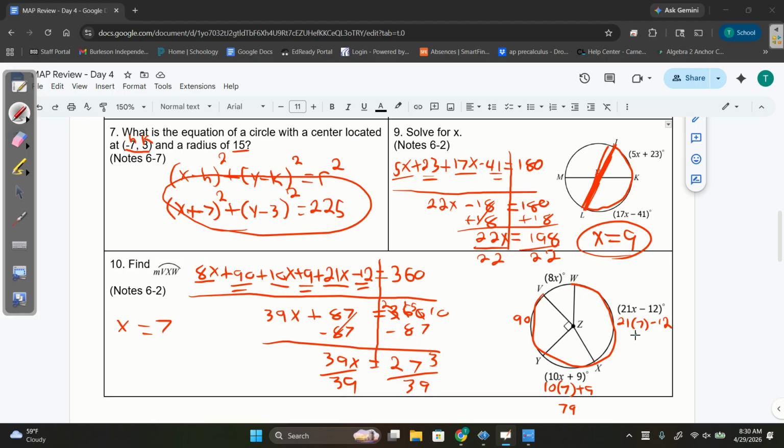And that gives me 135. Now that I know each piece of the arc, I can just add them all together, 90 plus 79 plus 135, and find out that the measure of arc VXW is 304 degrees.